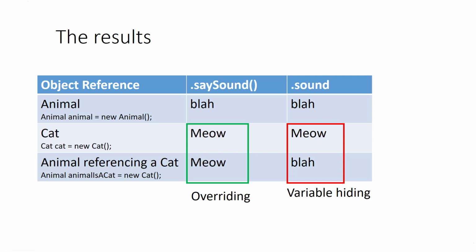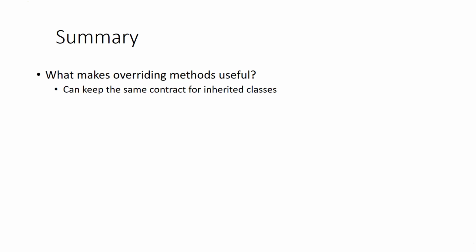So if we distill our code example and our data table down into a few bullet points to answer those questions we had asked earlier, we find that, in summary, to answer what makes overriding methods useful, it's that we can keep that same contract for inherited classes, whether we were using the animal object reference with an animal object, or the cat object reference with a cat object, or the animal object reference with a cat object. We were able to call the same method and get predictable results.